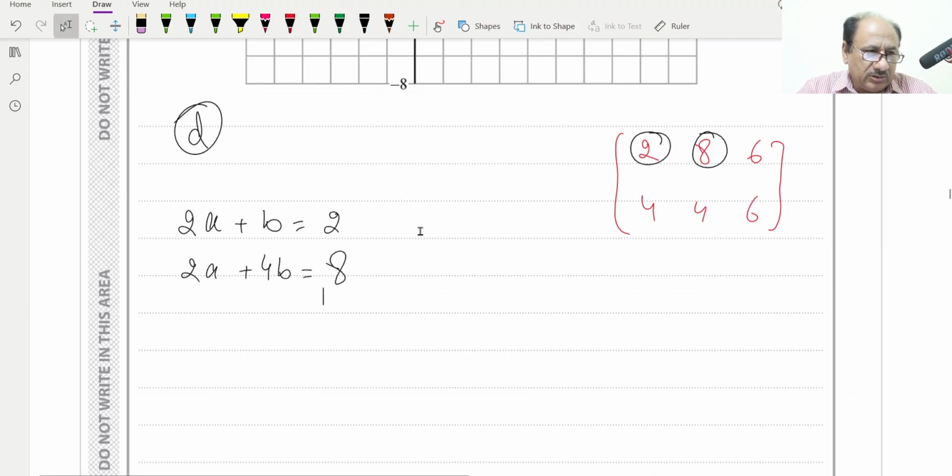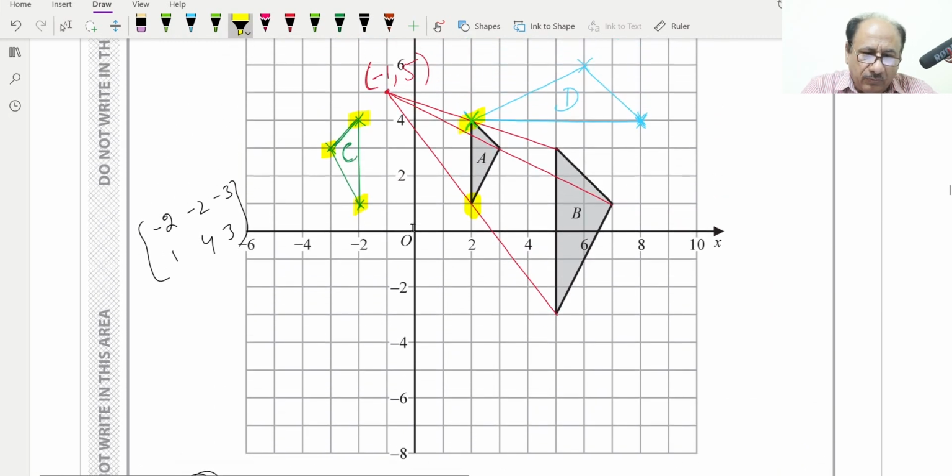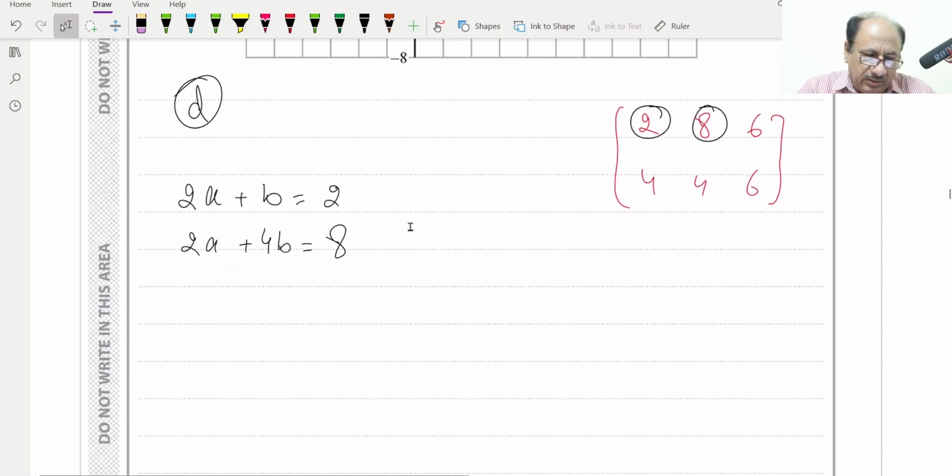These are two equations. For the third equation, we take the third point, which is (3, 3). For that one we can write 3a plus 3b is equal to this 6.